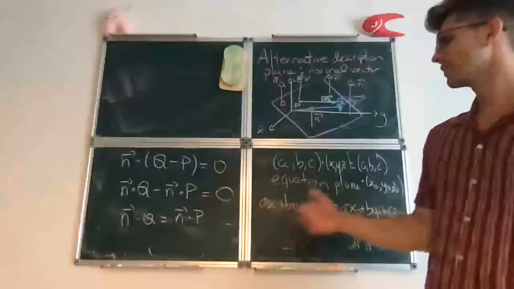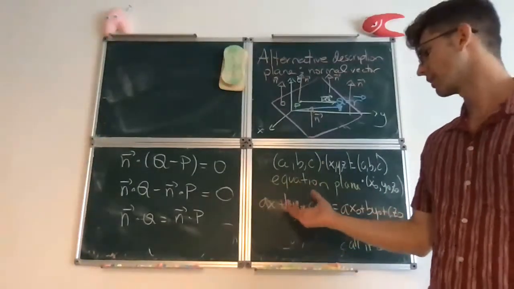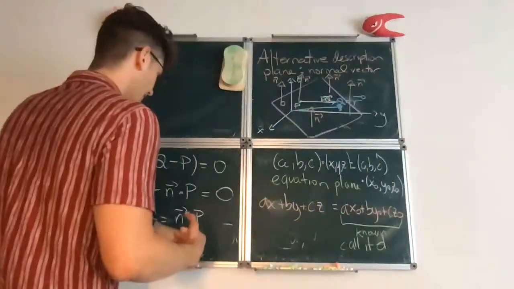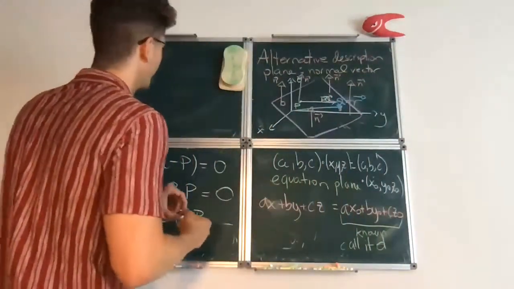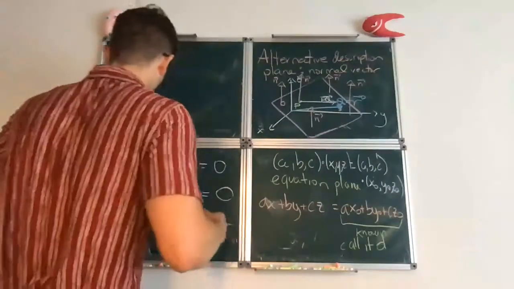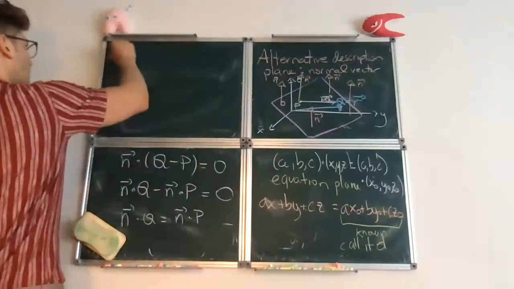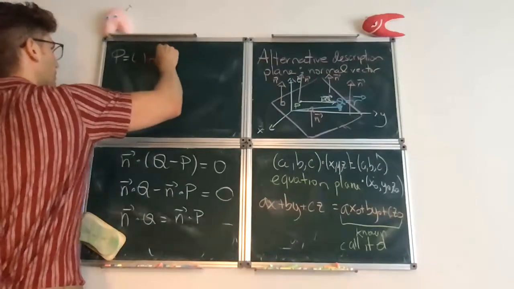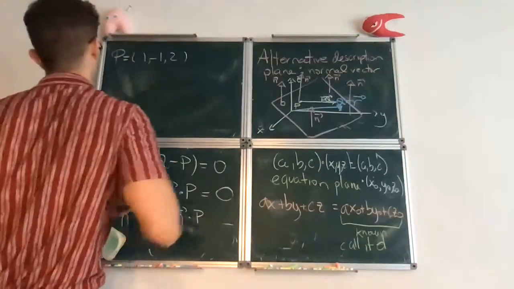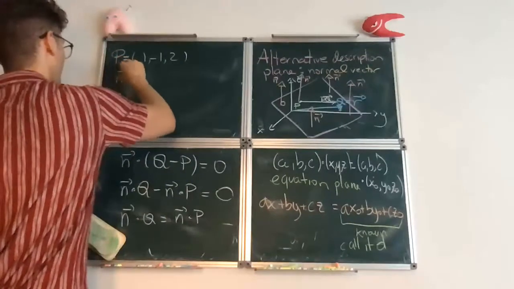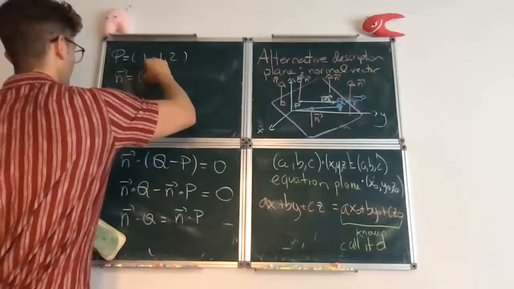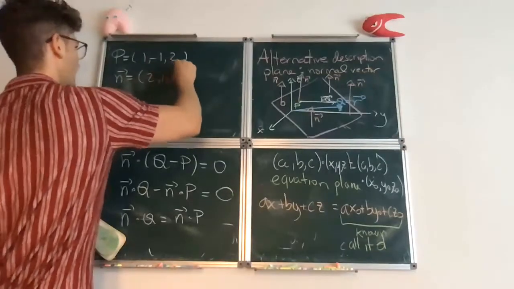So let's again do an example, just exploiting this equation. If I wanted to find out the equation of a plane, I will now give you a point, say 1, -1, 2, and a vector n, say 2, 1, 7.